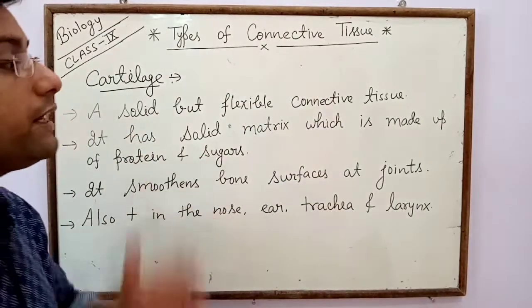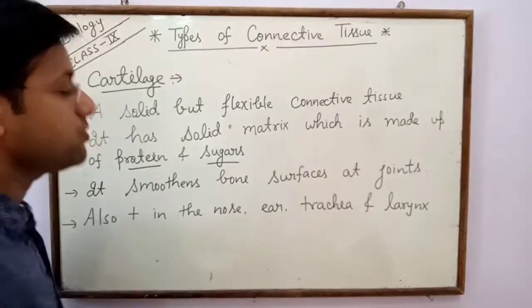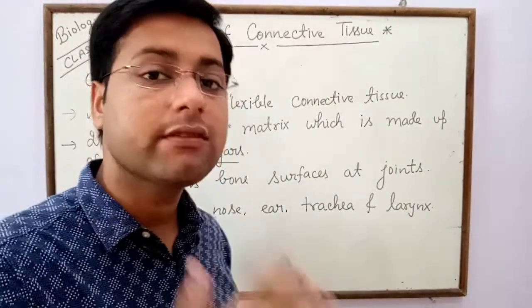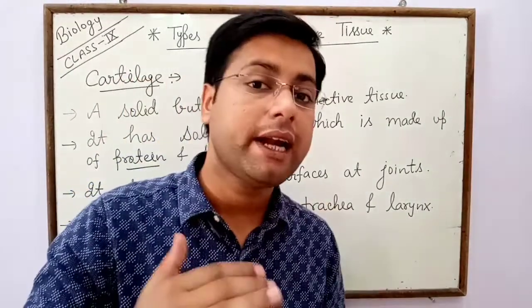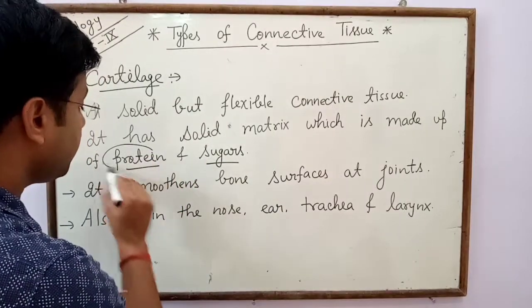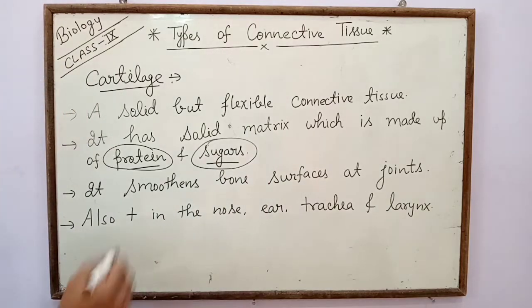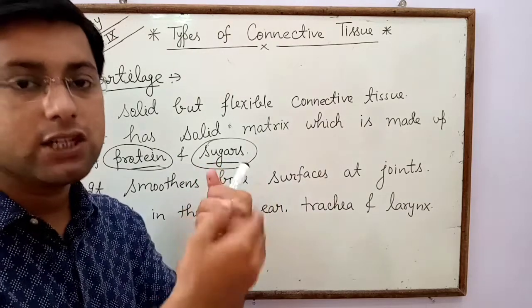It has a solid matrix which is made up of protein and sugars. It smoothens bone surfaces at joints.